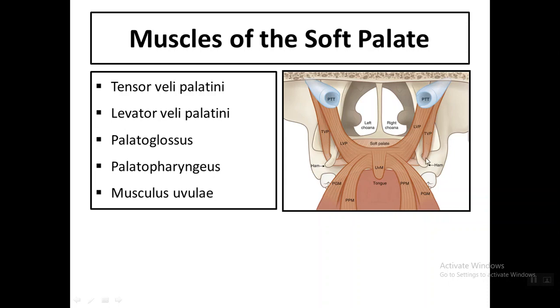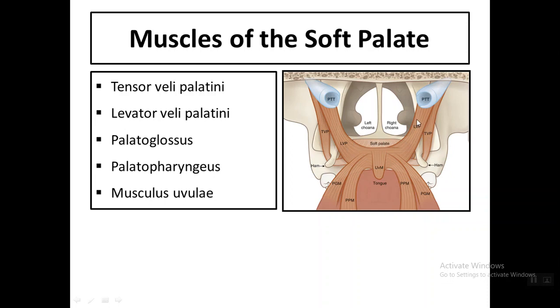Then it will arch over the hamulus of the pterygoid process. نشوف أنه هذه العضلة tensor veli palatini ملتفة على this bony projection, which is the hamulus of the pterygoid process, to form the aponeurosis of the soft palate. This muscle, tensor veli palatini, causes the soft palate to become tense. يعني راح تشد soft palate.